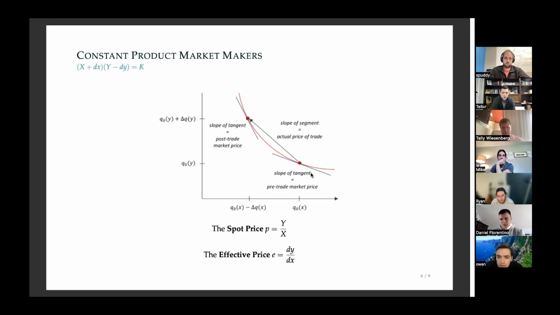Why is that the spot price? Why is it an infinitely small amount versus why is that the effective price? So the spot price is coming from the total pool balances. But you don't get to trade with that price.